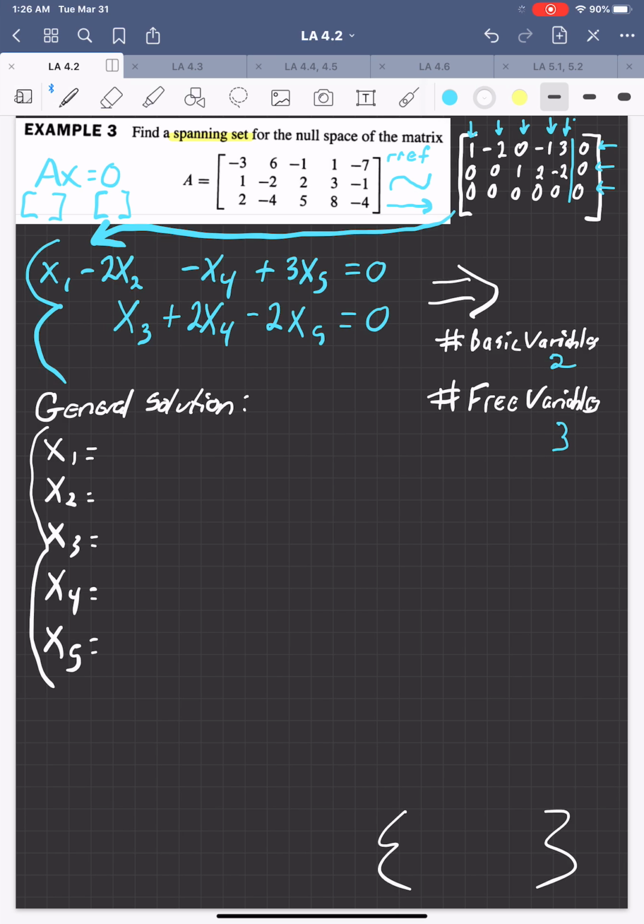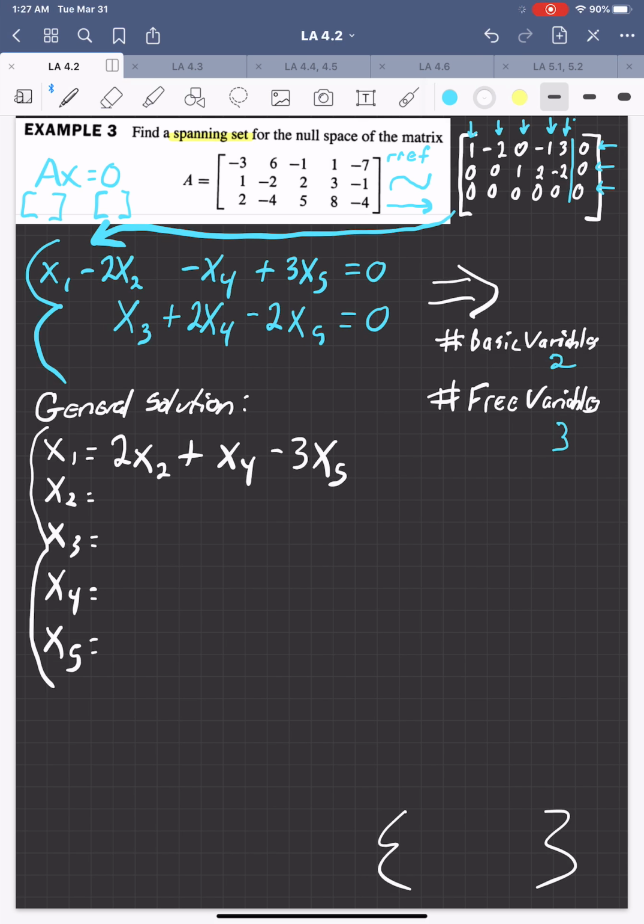If you follow me up here to this equation, I'm going to solve this equation for x sub 1. I'm going to take every other variable in this equation and bring it to the right side. So now we have 2x sub 2 plus x sub 4 minus 3x sub 5.